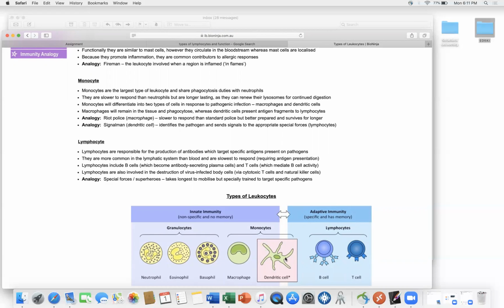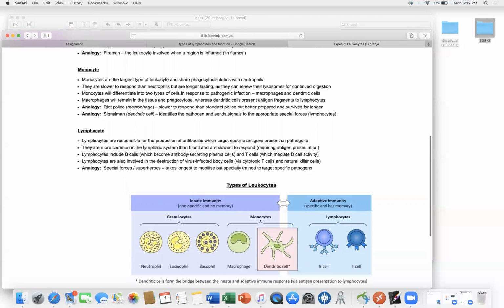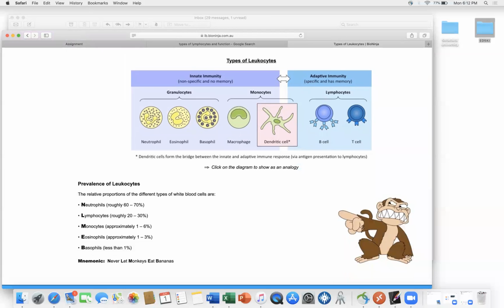They call it the signal man; I call it the tattletale. The dendritic cell grabs onto something and then it tattles, or it signals the macrophage, which is the big, big cell that eats. And then when it does that, it'll eat the offensive pathogen.